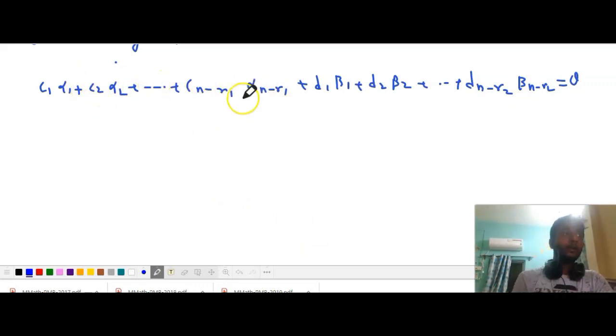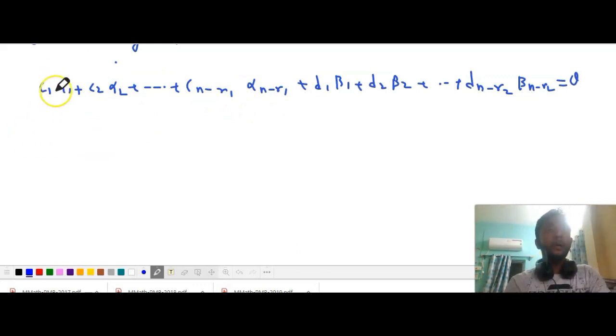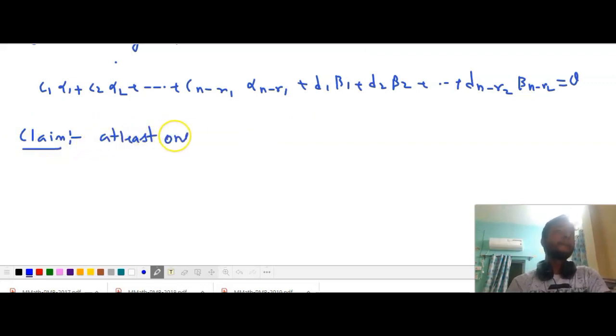we can conclude that more precisely, at least one Ci and Dj is not equal to 0. That is, I am claiming that at least one Ci and Dj is not equal to 0.